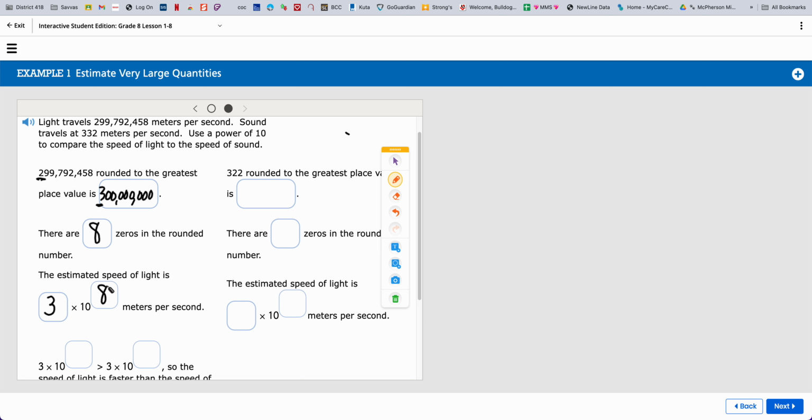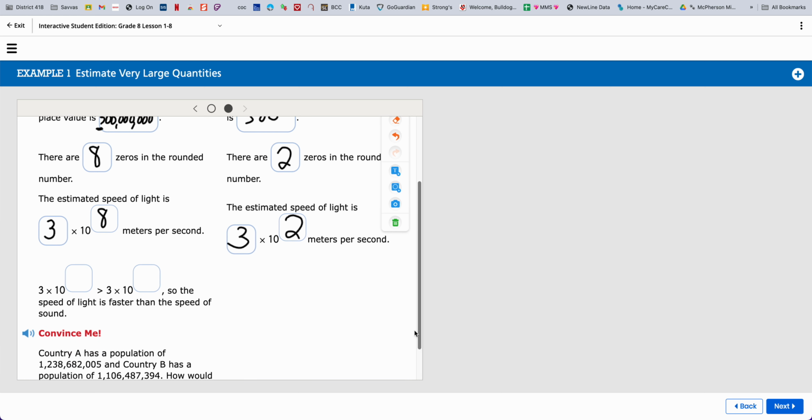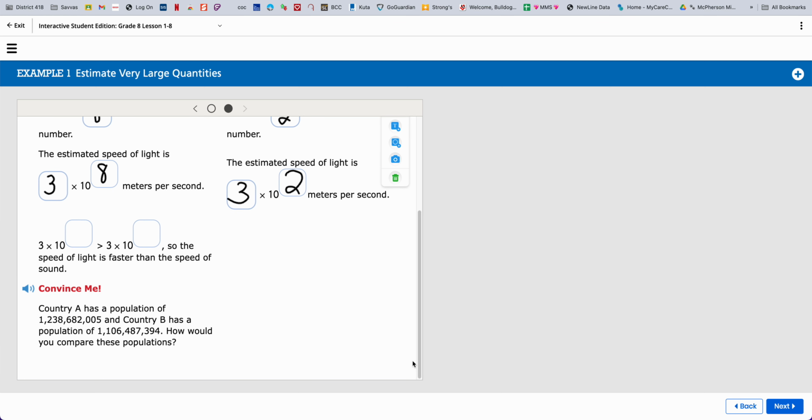Then let's round the next one. 332 rounded to the greatest place value is 300. How many zeros? 2. So it is 3 times 10 to the second power. So 3 times 10 to the 8th is greater than 3 times 10 to the second. It really is that simple. That's all we want to do.